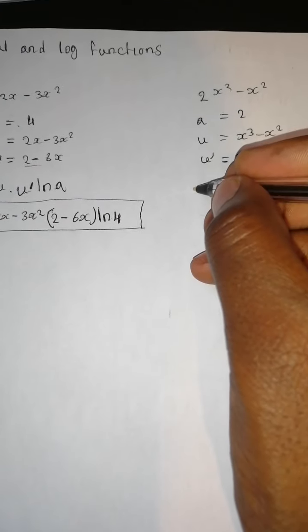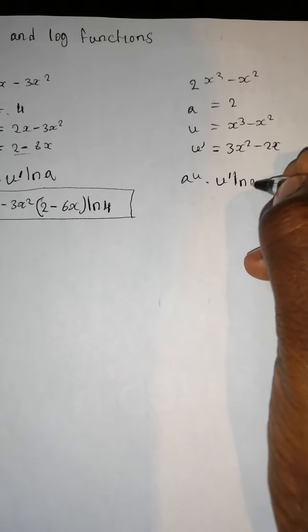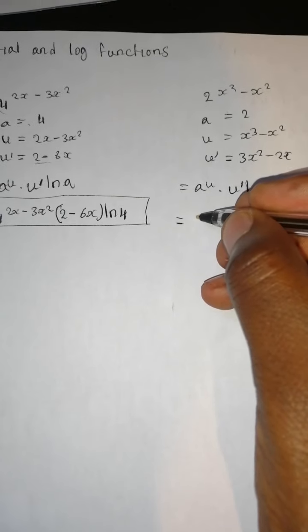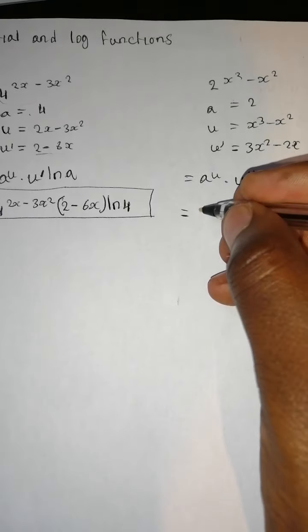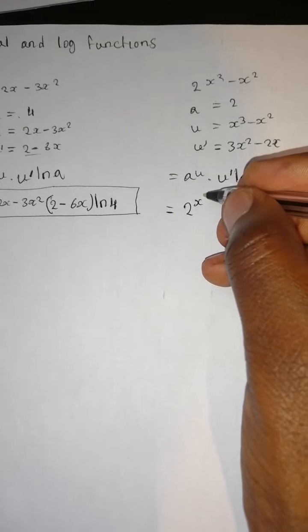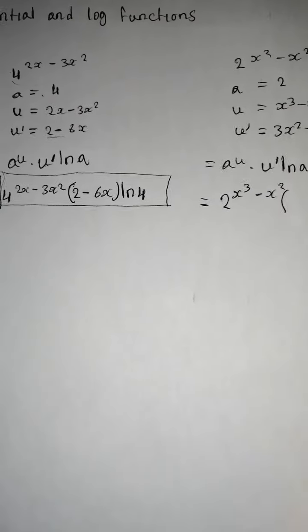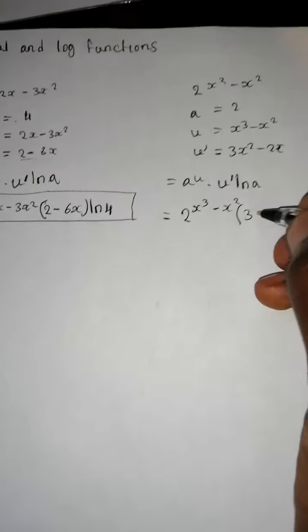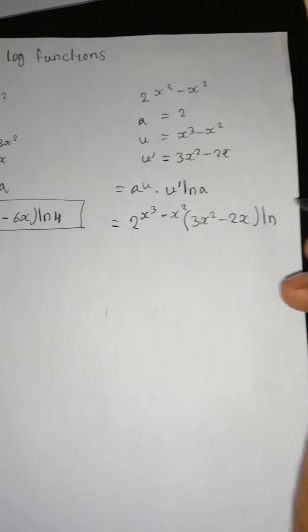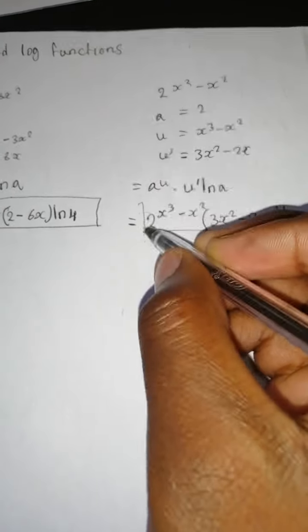Then replace in the formula, a^u times u prime times ln a. a^u is the original function, 2 raised to the power x cubed minus x squared, then open bracket. u prime is 3x squared minus 2x, and then write ln. What is a? a is equal to 2. So this is our answer.